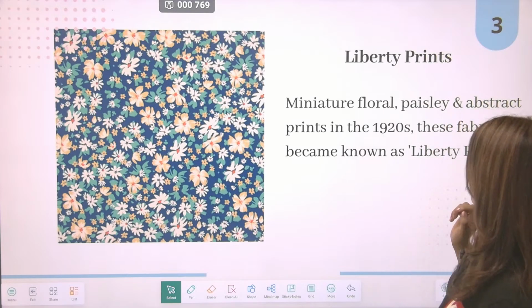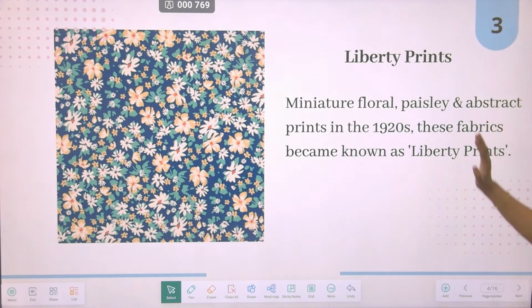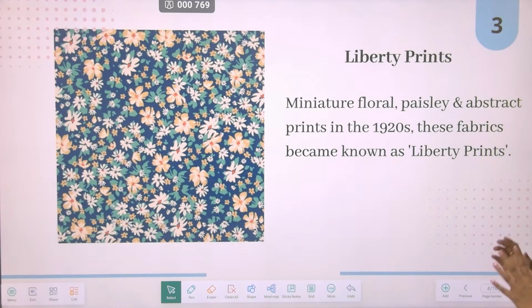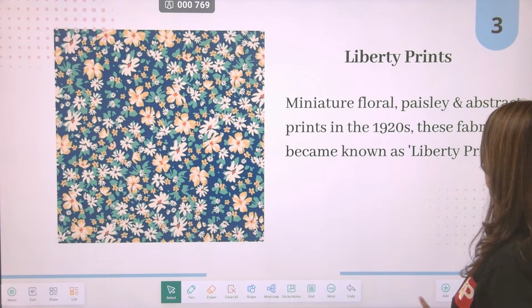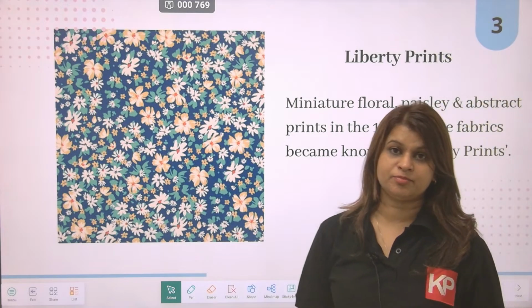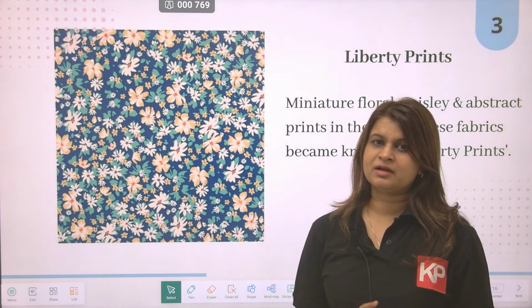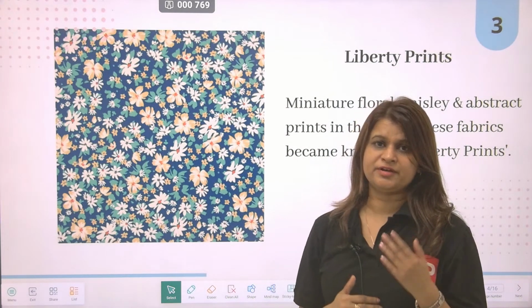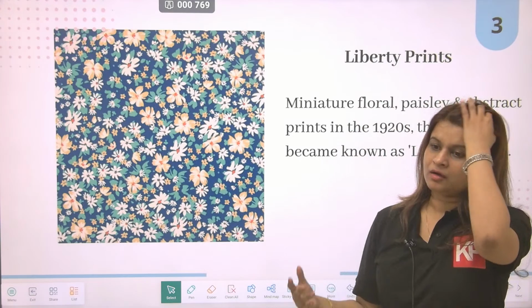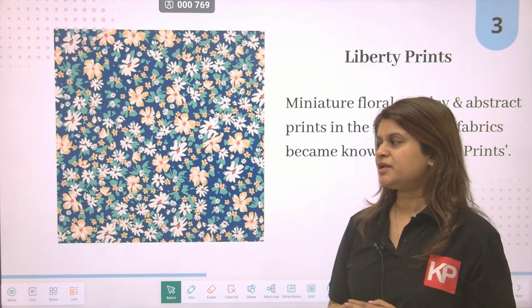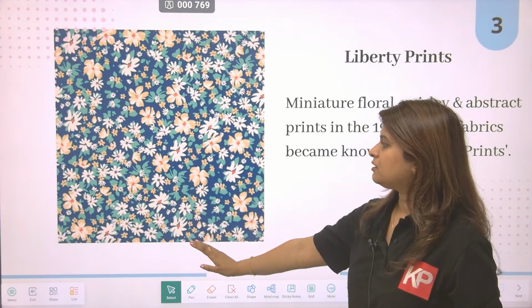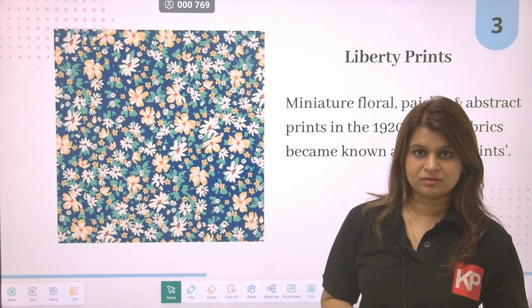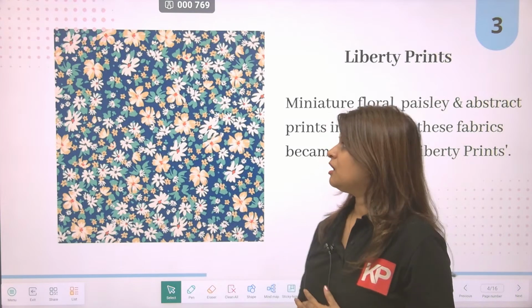So, miniature floral, paisley, and abstract prints in the 1920s, these fabrics became known as Liberty prints. Initially in the 1920s, due to the industrial revolution, there were printing units that were created, and these very compact floral prints became popular, जिनको liberty prints बोला जाता था.